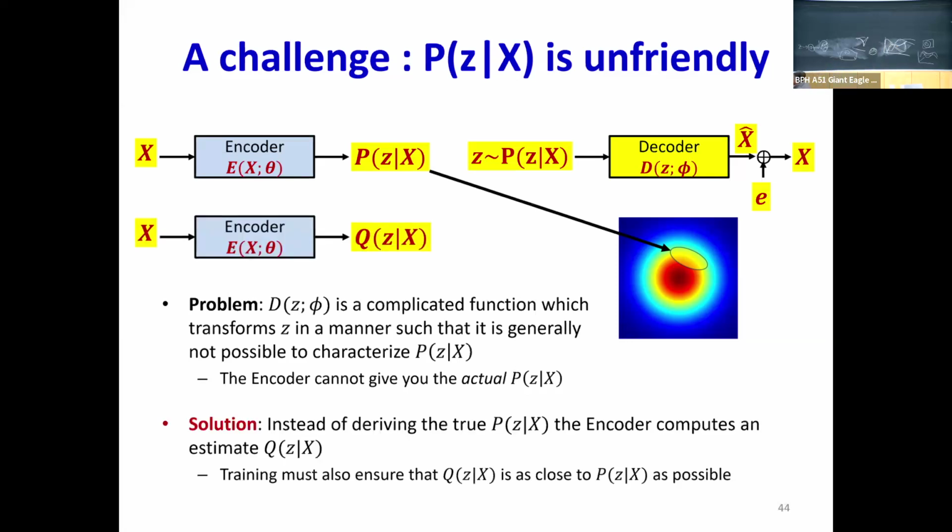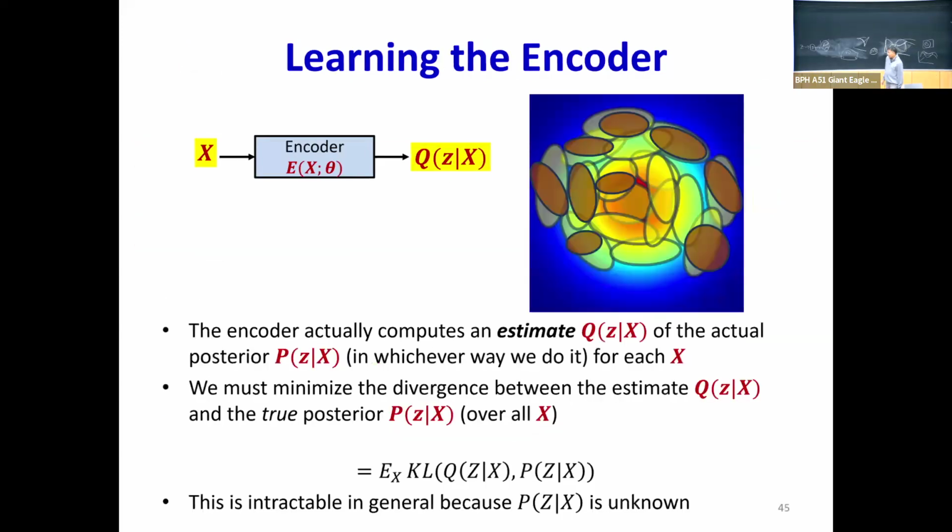And so instead of deriving the true P of z given x, we derive an estimate Q of z given x, which is actually a Gaussian because Gaussians are things we know how to deal with. And then we also ensure that this approximation Q of z given x is as close to the P of z given x as possible. Make sense? Right.